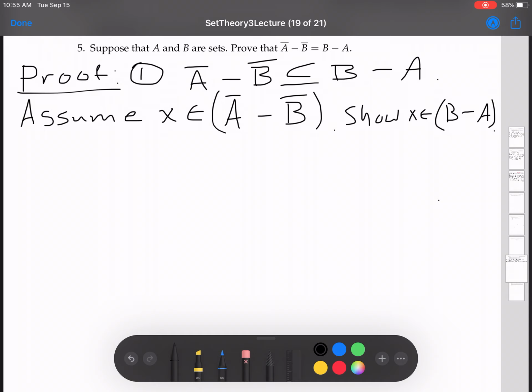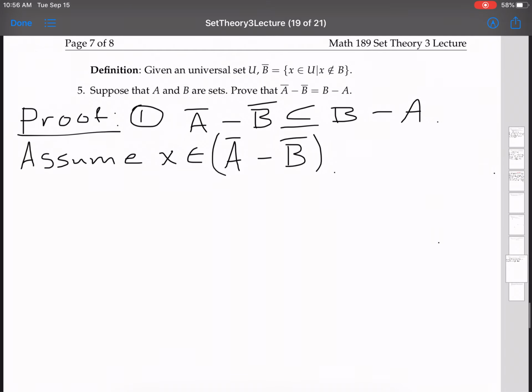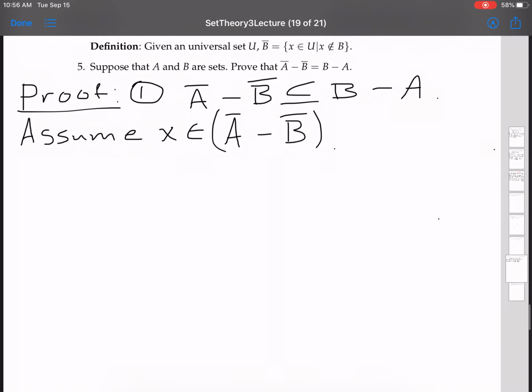Okay, so I really wouldn't put that in my proof. My proof is going to just say assume X is in A complement minus B complement. And I have above the definition of complement.